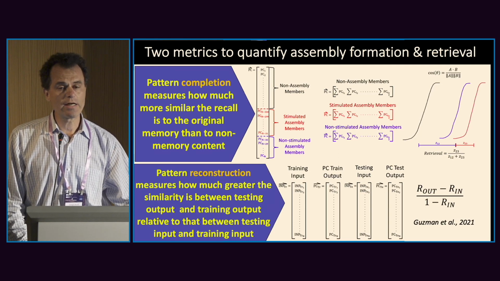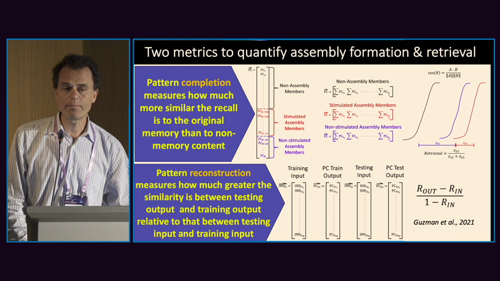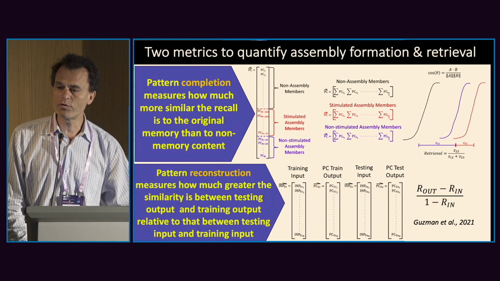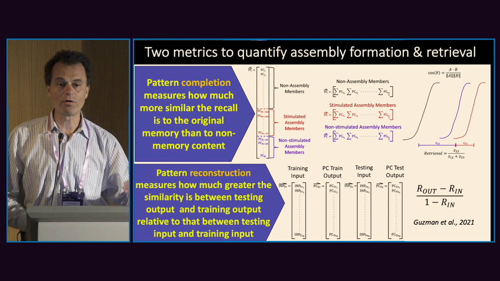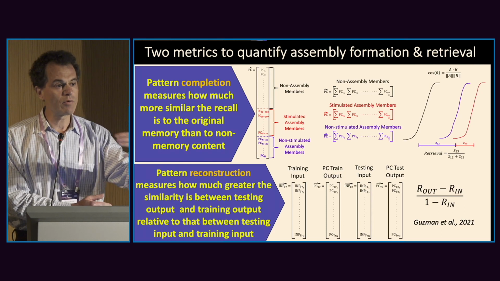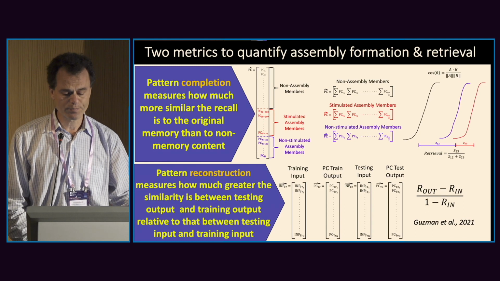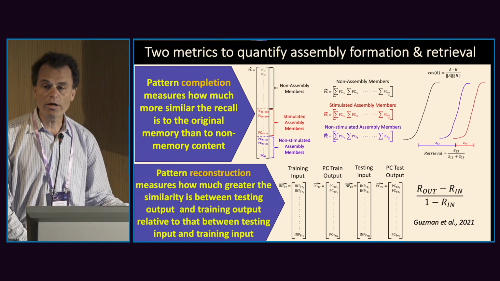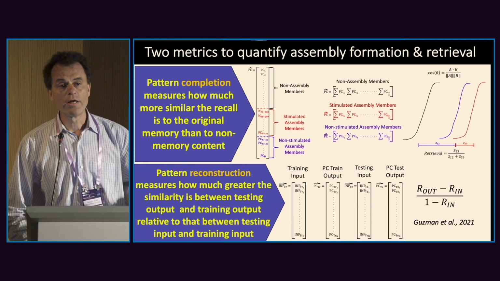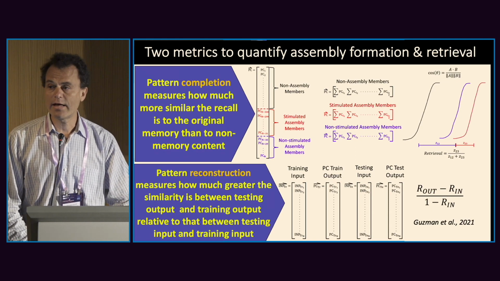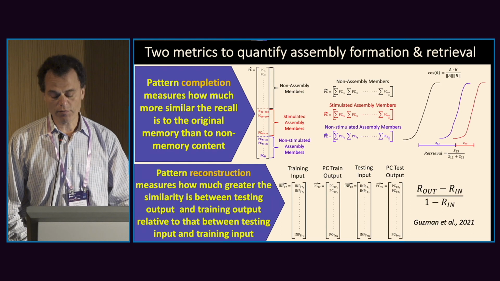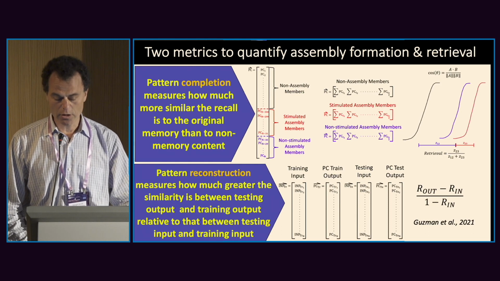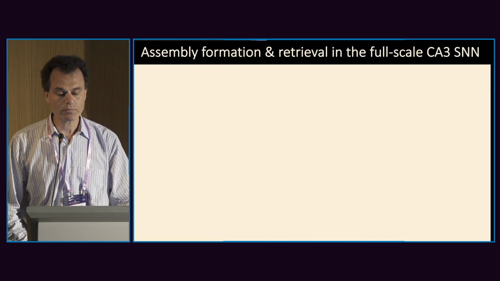So in this case, instead of only activating part of the assembly, a subset of those 300 neurons, we still activate 300 neurons, but not all as part of the assembly. Only a subset is part of the assembly, and the rest is noise from non-assembly neurons. Then we look at whether the response of the network is more similar between testing and training than the stimulation of the network. So those are 2 metrics to measure pattern completion.